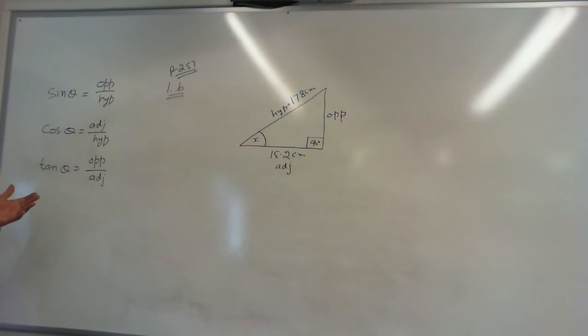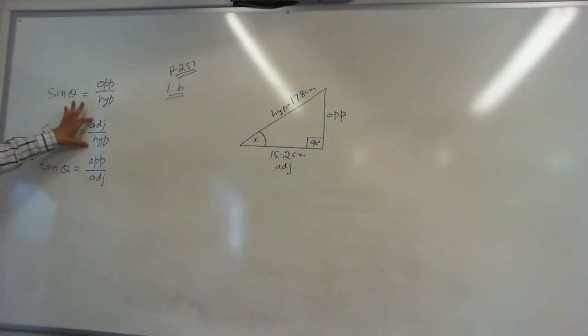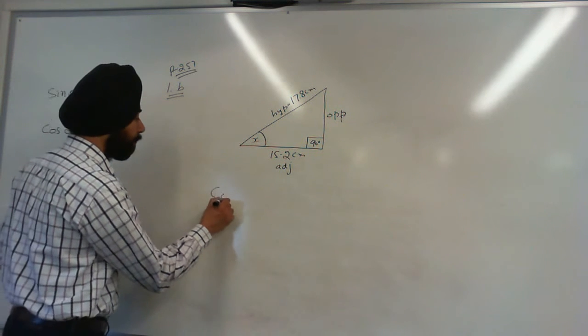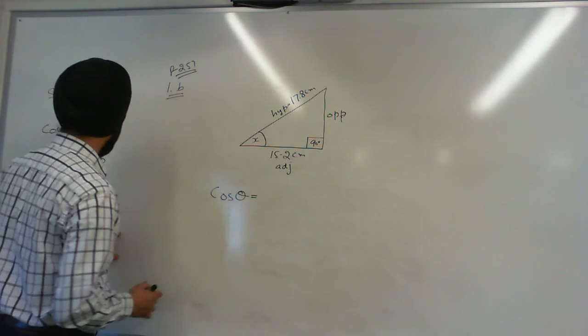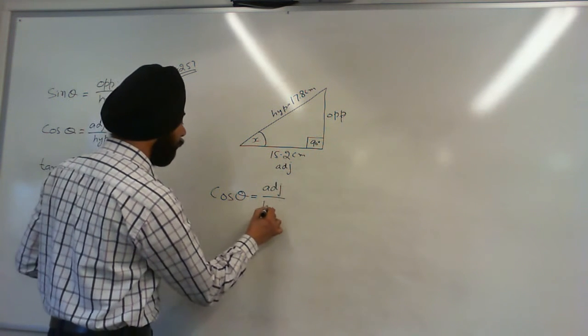Which formula uses these 2 sides, hypotenuse and adjacent? Is it sine, cos or tan? Cos, right? Because this is using adjacent and hypotenuse. And that's what we know. So write down the formula for cos theta. Cos theta is adjacent divided by hypotenuse.